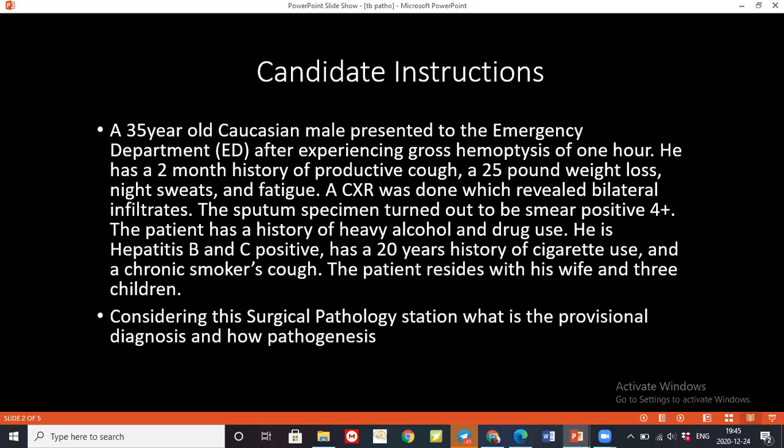What are the other conditions in which you can find granuloma? In all chronic inflammations. For infections, for example, tuberculosis, leprosy, syphilis.